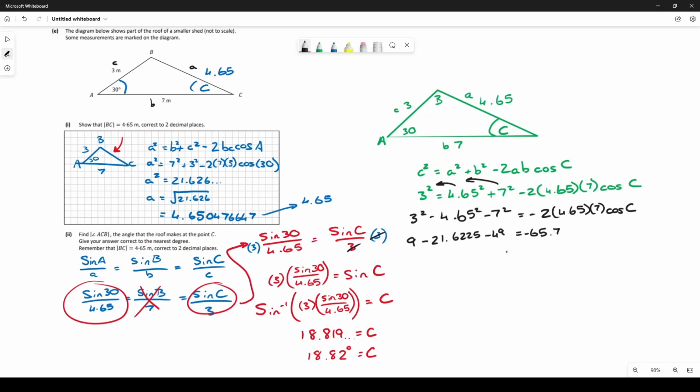I don't know if that's right, hold on, I have to do that. 65.1. Oh, close. I even understand why it would be 1 as well. That's upsetting. But basically, just be like this.